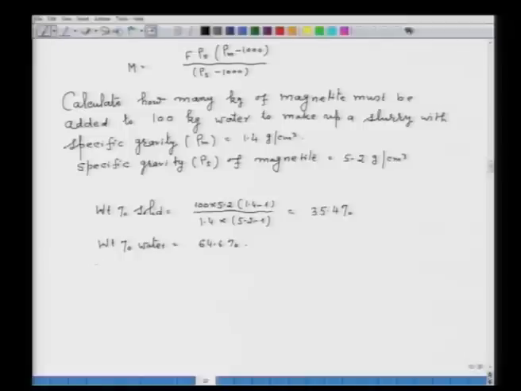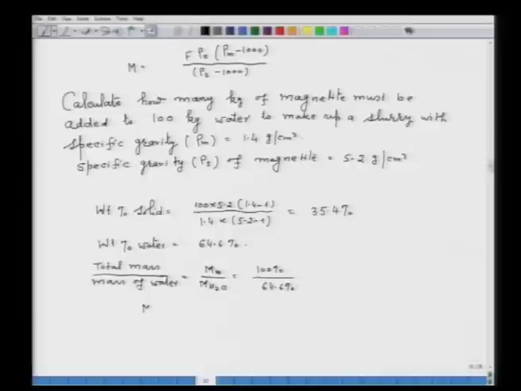Now, I know that total mass upon mass of water, m upon mH2O, is equal to 100% upon 64.6%.